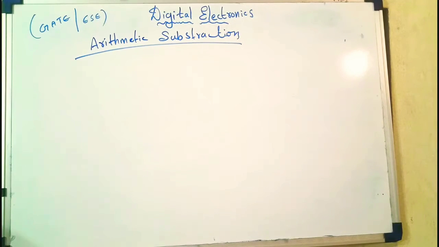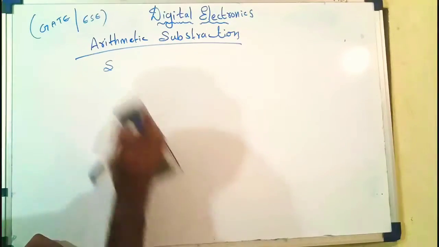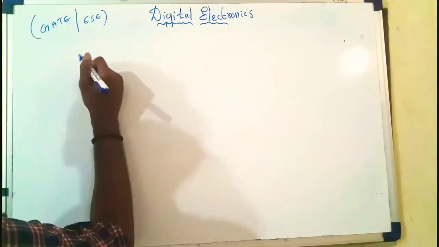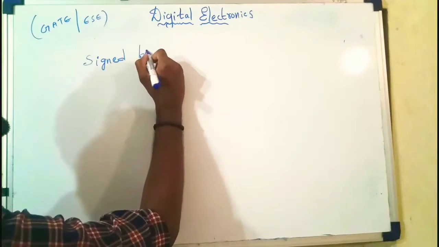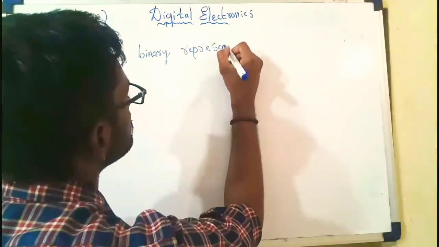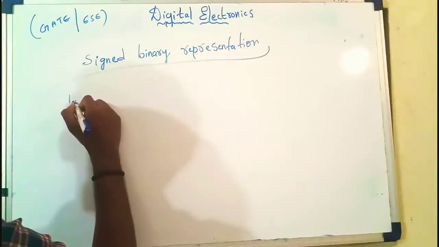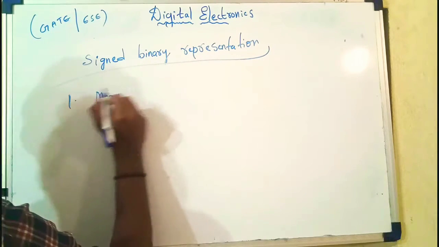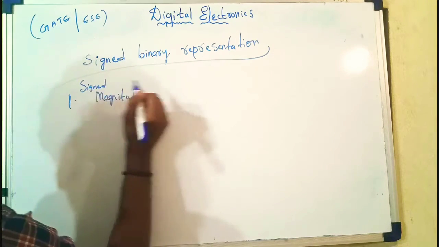Now we will see the representation of numbers using sign magnitude. This is signed binary representation. First we will see the signed magnitude representation.